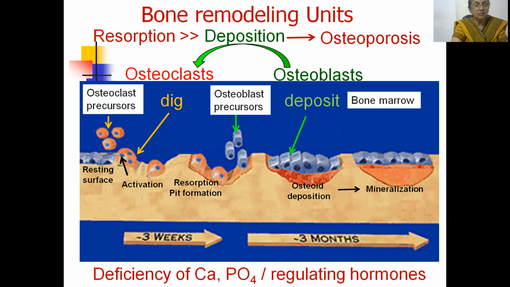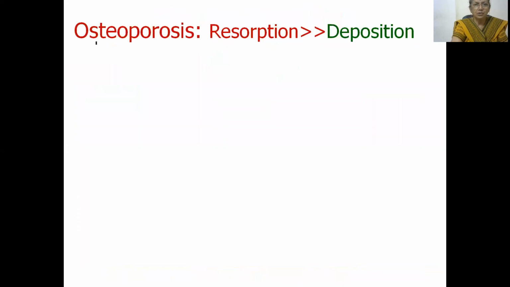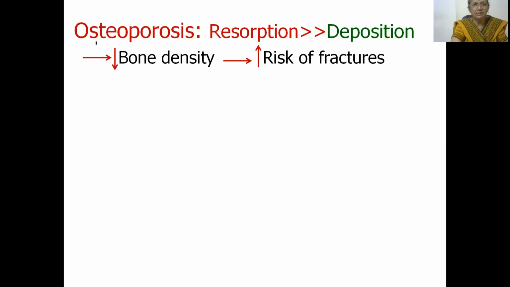If vitamin D is not formed or not activated, parathormone is not there to ensure activation of vitamin D, or estrogen is not there. I'm sure most of you have heard that osteoporosis is common in postmenopausal women where estrogen becomes less available. So osteoporosis occurs when resorption is happening more than deposition, which reduces the bone density and increases the risk of fractures.